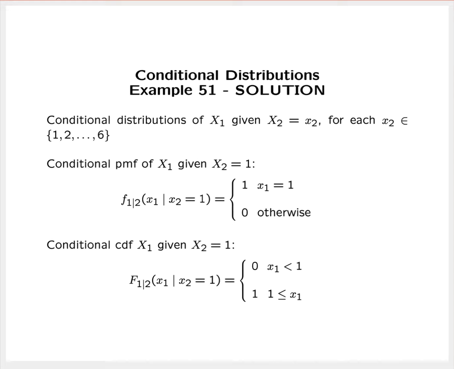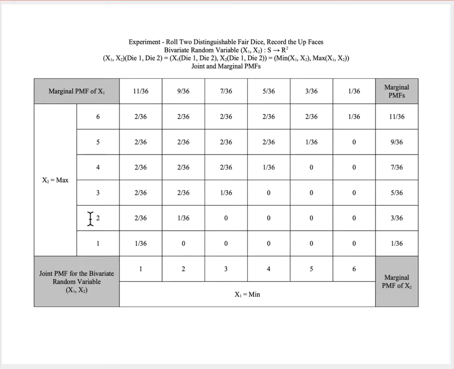Next, we want to find the conditional PMF of x1 given that x2 is equal to 2. So we'll again go back to our table, and we see now that there are 2 positive values in this row inside the joint probability part of the table. And so when x2 is equal to 2, there are 2 possible values that x1 can take on, 1 and 2. To get the conditional PMF of x1 given that x2 is equal to 2, we're going to divide each of these joint probability values by 3 over 36.